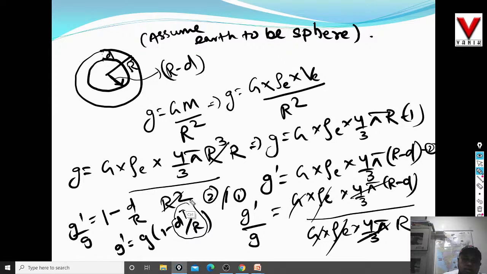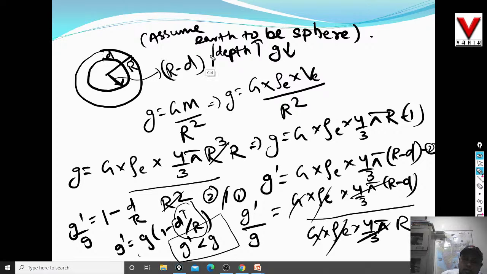So if the d by r ratio increases, the result of 1 minus d by r will be very less. That means g dash will be lesser than g. So with increase in depth, acceleration due to gravity will decrease. When depth is increasing, my small g value will decrease.